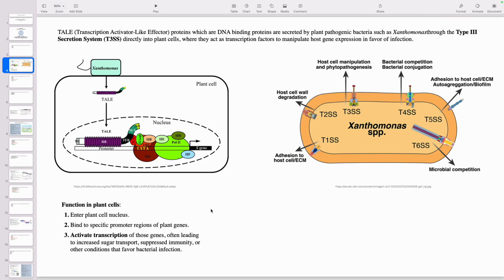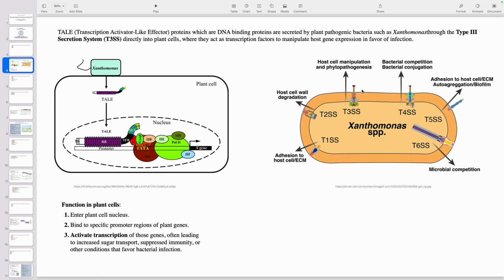So the function of this TAL protein in the plant cell is it enters the plant cell nucleus, it binds to the specific promoter region of plant gene, it activates transcription of those genes, often leading to increased sugar transport. It suppresses the immunity of the plant or other conditions which are favorable for the bacterial infection.